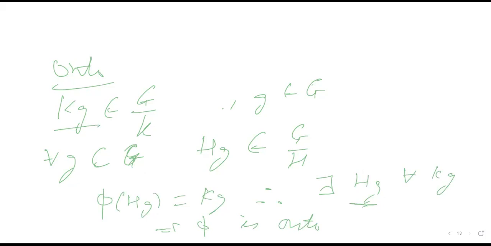So I proved all the three things, right? I proved that phi is well defined, I proved that this is onto, and I also proved that this is a homomorphism.